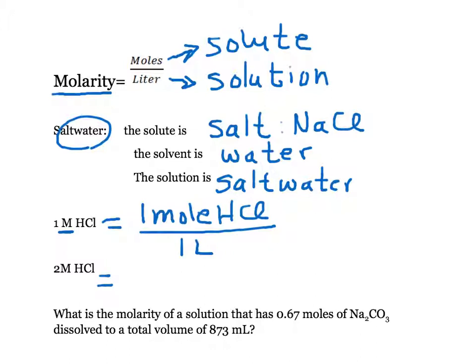If I have a 2 molar hydrochloric acid solution, that means that I have 2 moles of HCl all in 1 liter of total solution. So 2 molar is more concentrated than 1 molar, and therefore a little bit more dangerous. You want to be careful around that.